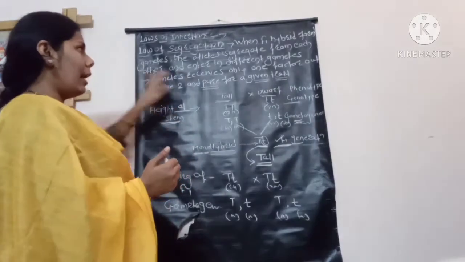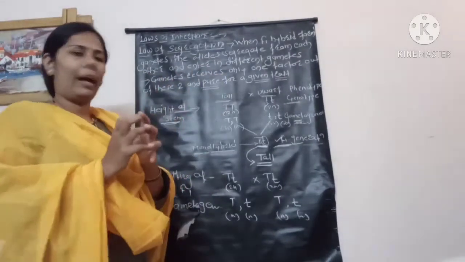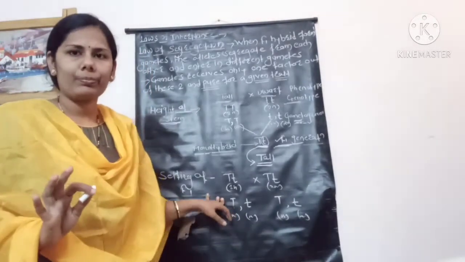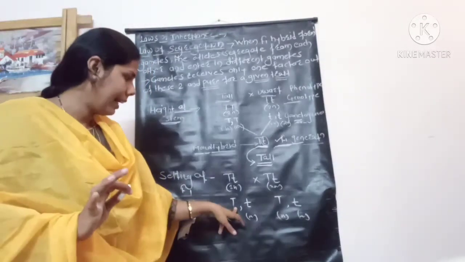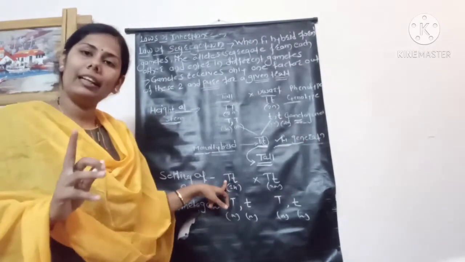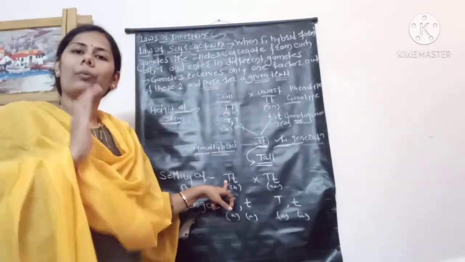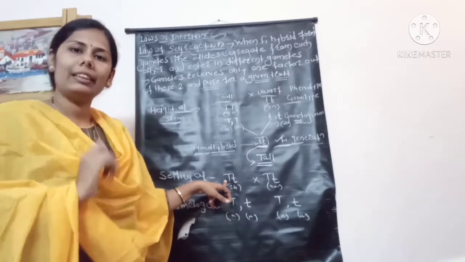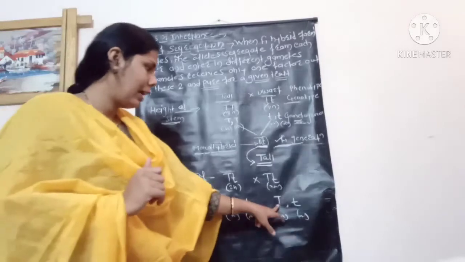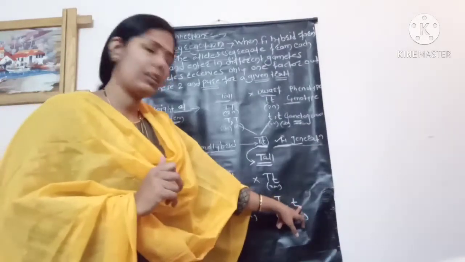Second, each gamete receives only one factor. This gamete has received only one factor, only one allele, only one gene, that is capital T, and here small t. This gamete receives capital T, this gamete receives small t.